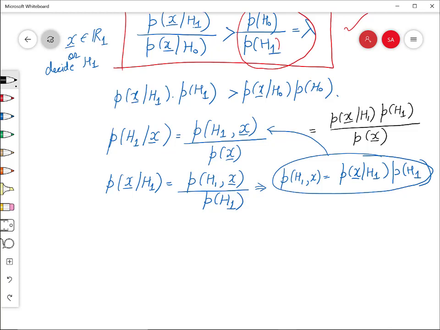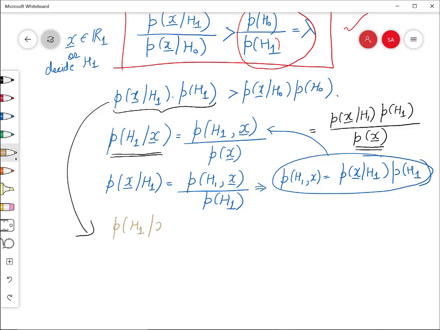So what I can do is replace this particular expression here with probability of h1 given x times probability of x. So I can write this particular expression in another form, which is probability of h1 given x times probability of x is greater than, okay, again on the right side you can do the similar thing, and we will get this particular expression times probability of x.